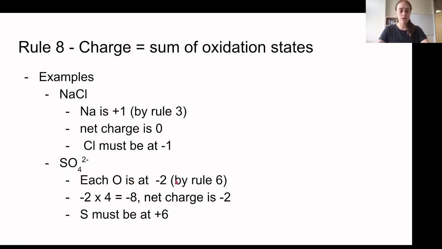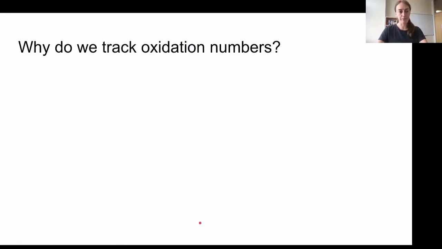Each oxygen is -2. Remember, that is almost always the case in environmental conditions, and that's true here. Our oxygen is -2 by rule number 6, because we have 4 oxygen atoms, -2 times 4 is -8, and if we see that we have a net charge of -2 here, we can infer that sulfur is +6.